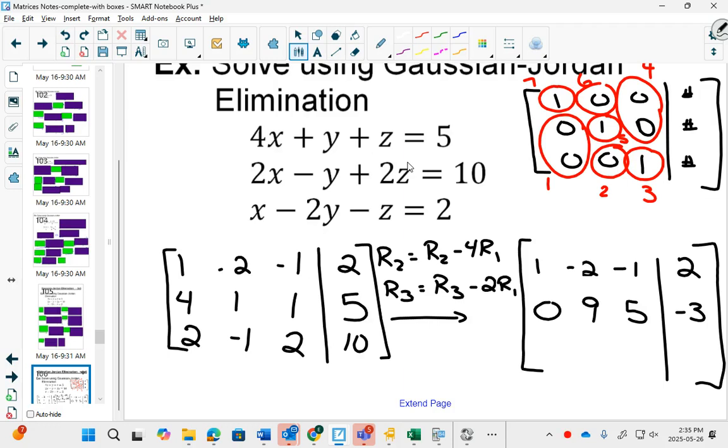Next, row 3. Minus 2 row 1. That'll get me my 0. This is what I wanted to do first. Get those 2 zeros. -1 plus 4, 3. 2, row 3, 2 plus 2, 4.